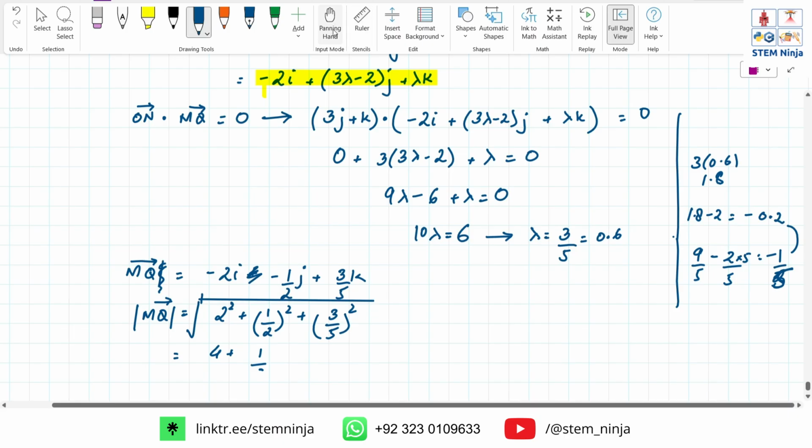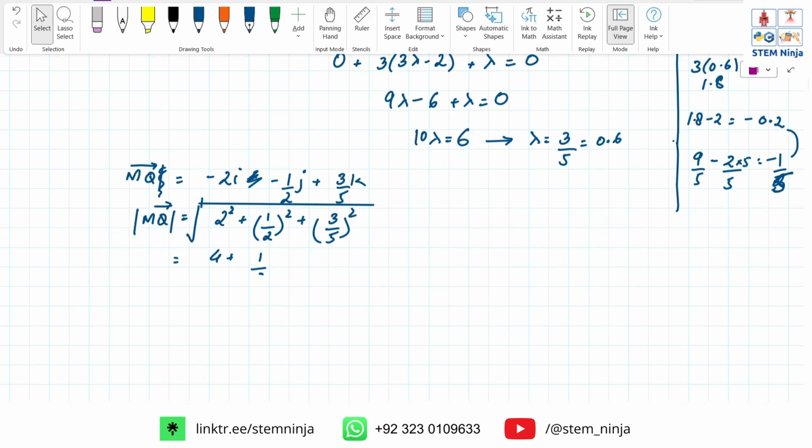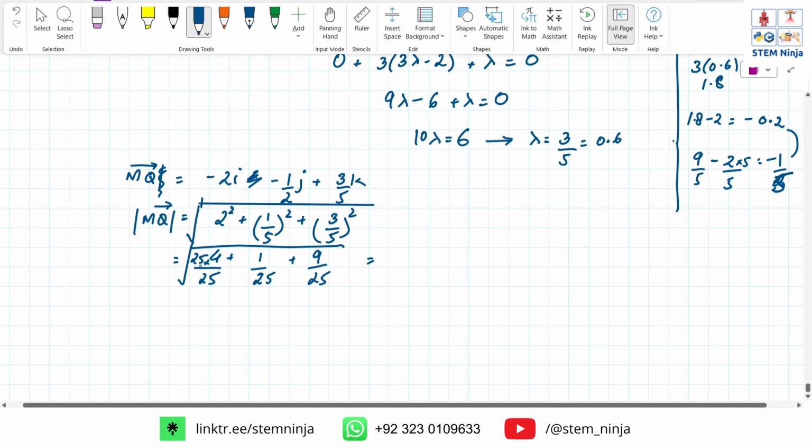So this is 1 over 25, and this is 9 over 25. You can write it as 25 times 4 over 25, and then the whole square root. So this becomes 100 plus 1 plus 9, that is 110 over 25.